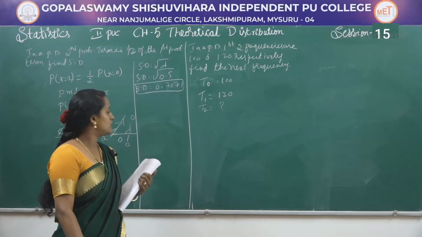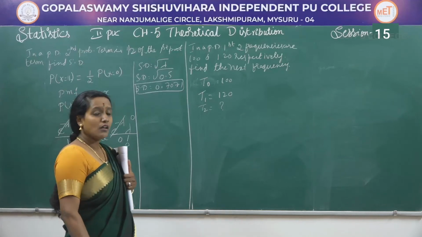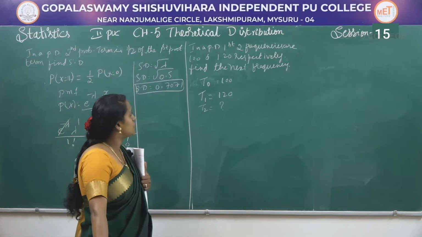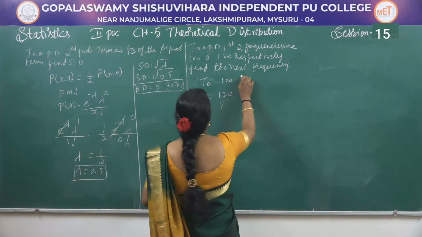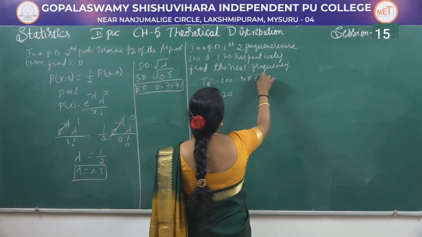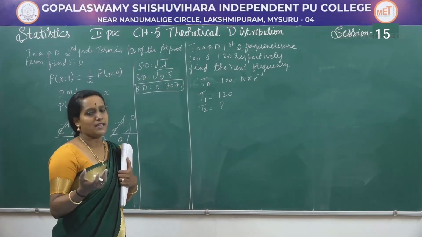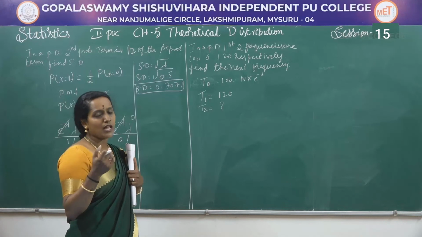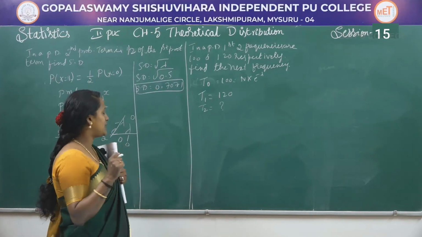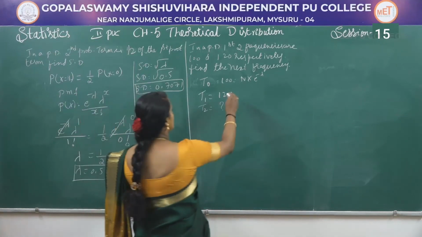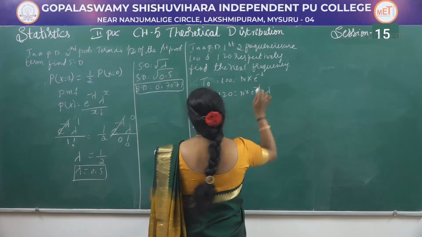So this is the data they have given. Next we have to do the simplification for T0 and T1. We know that T0 is nothing but n into e power minus lambda, because the x value is 0, lambda power 0 is 1 and 0 factorial is also 1. And T1 is n into e power minus lambda into lambda.